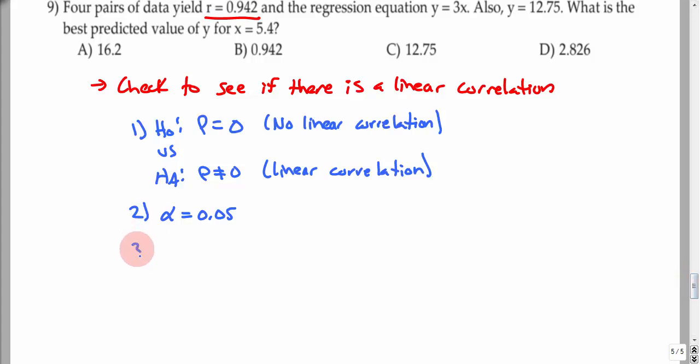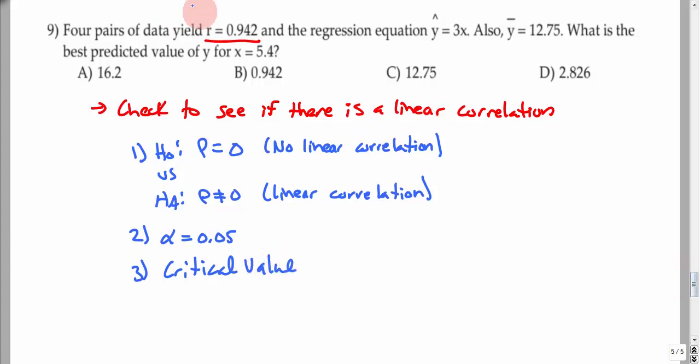Next thing we have is our critical value. Now for our critical value, we're going to use this 0.05, and then we also need to know our sample size. In this case, our sample size is 4. So to find our critical value, we'll use n equals 4 and the fact that alpha equals 0.05. And we'll use our table.